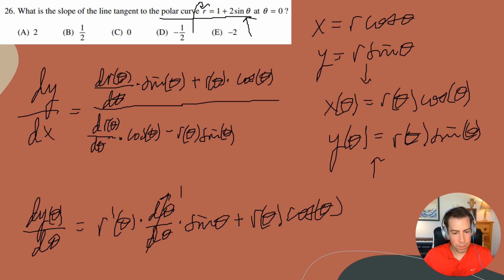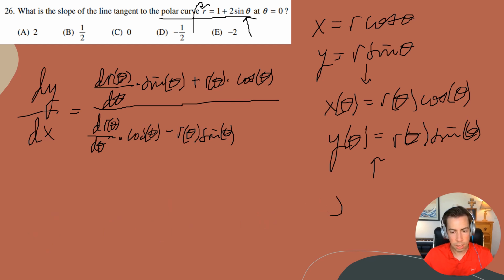Okay, so now that I have that, I can plug in my values here. I'm not going to calculate dr/d theta yet, but you will have to do it eventually.